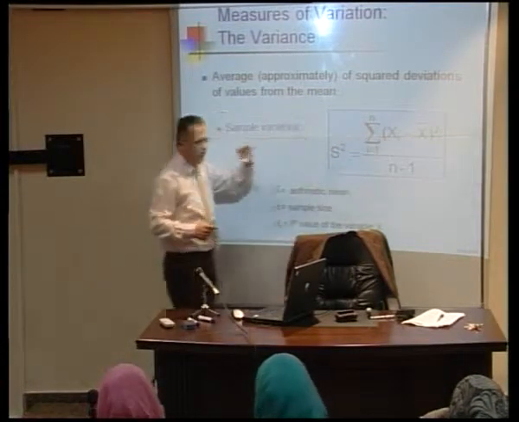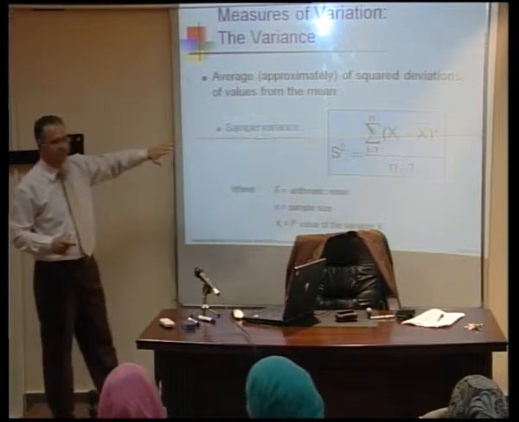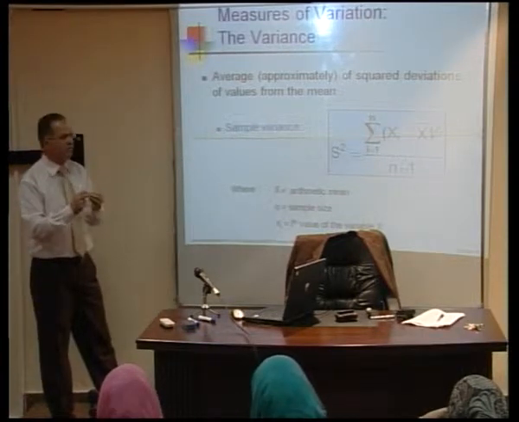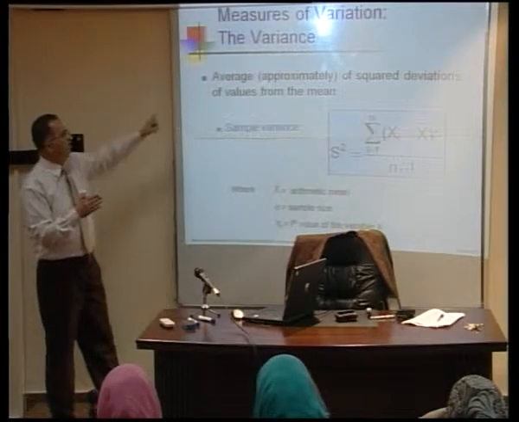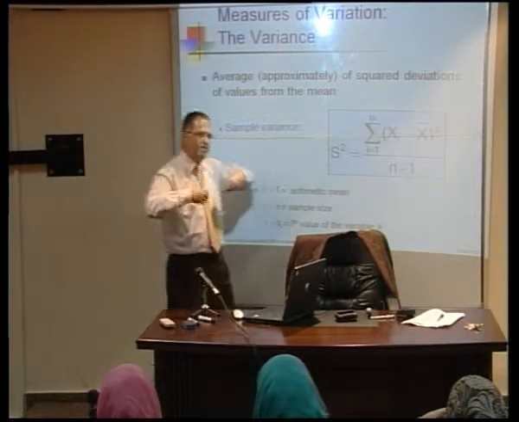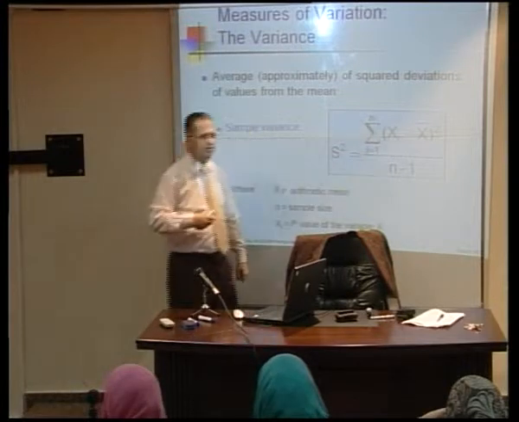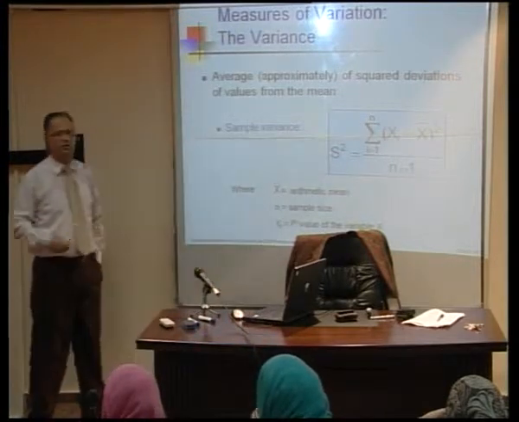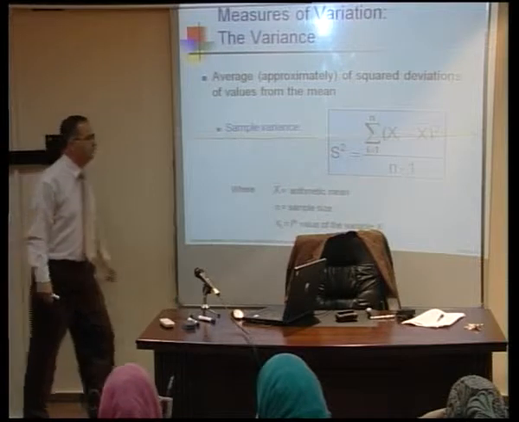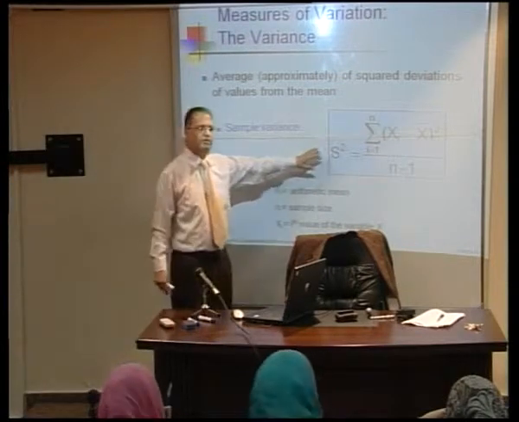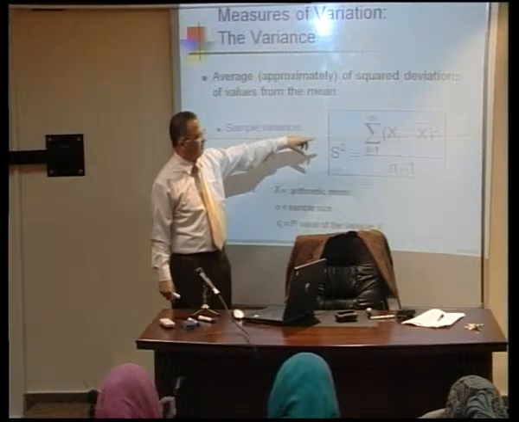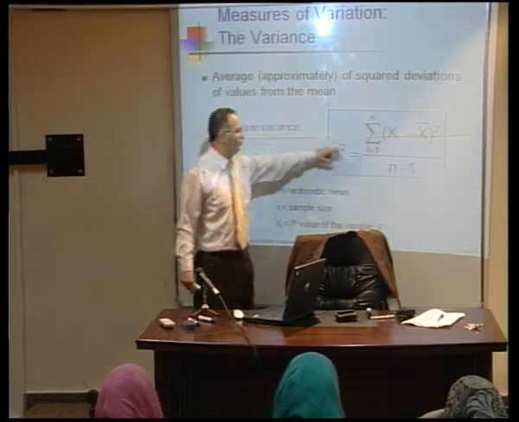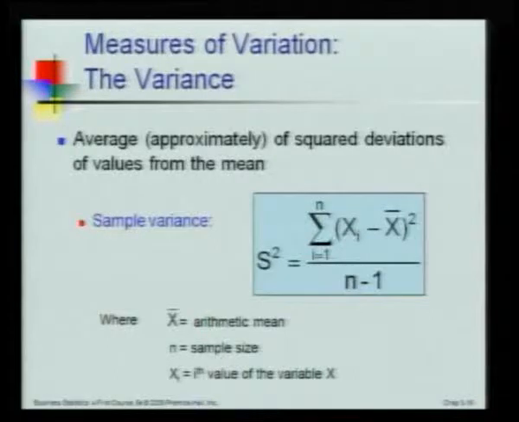So again, the variance is the approximate average of squared deviations of the observations you have from the mean. That will give the sample variance actually. So S squared, the formula is the summation of xi minus x bar squared, where i goes from 1 up to n. n is the sample size you have. Then divide by n minus 1.